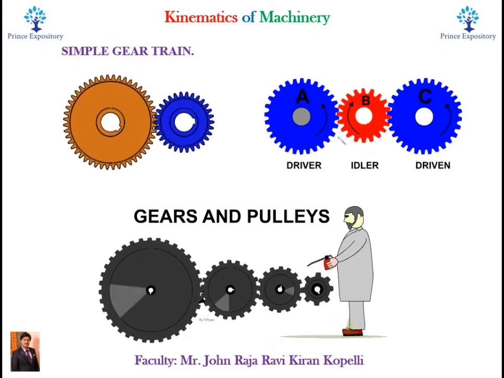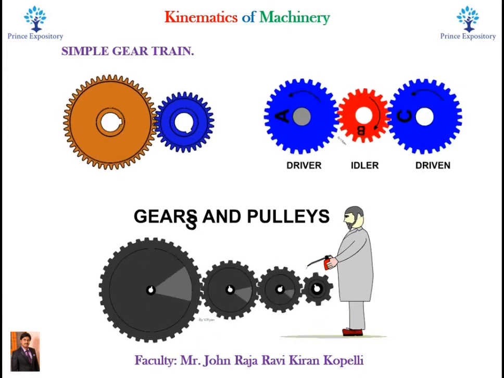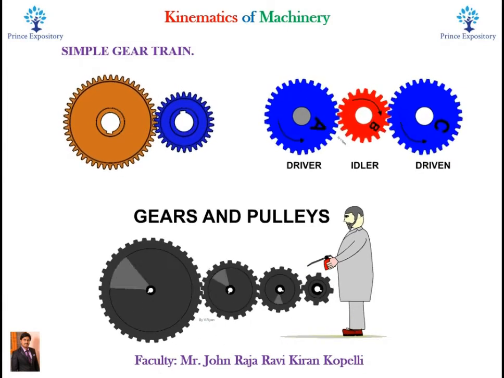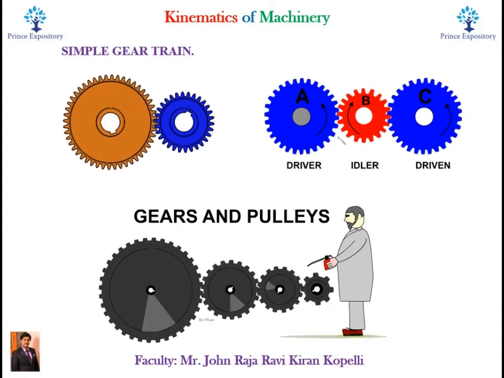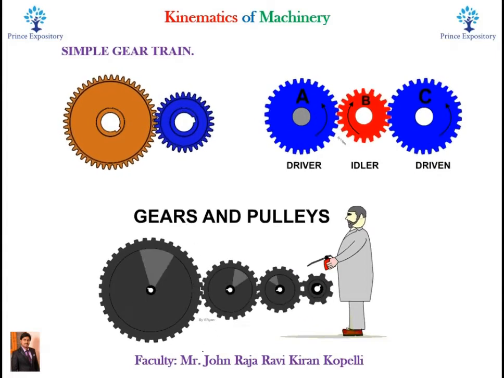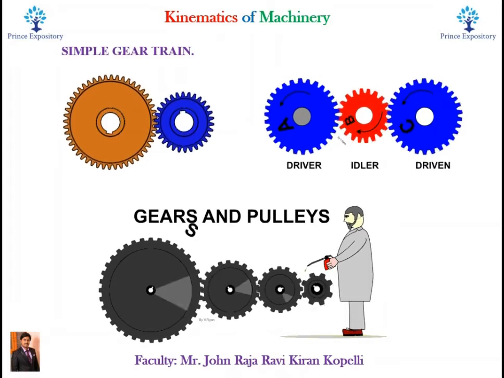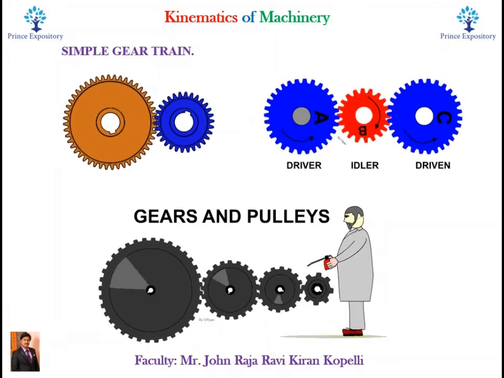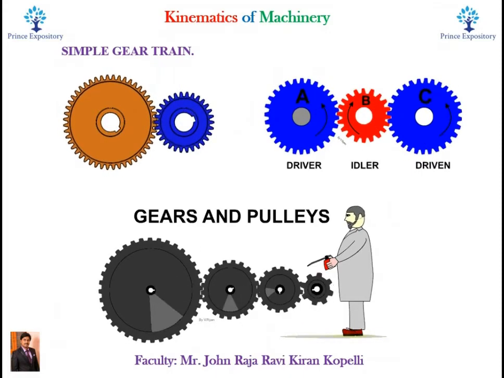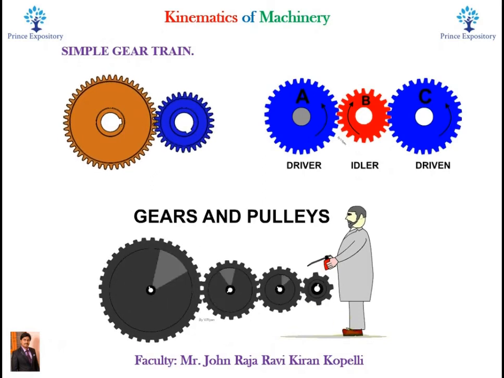Now, if you observe, the driver gear A is rotating in anti-clockwise direction, and B idler gear, which is in contact with gear A, takes opposite sense. That means it rotates in clockwise direction.